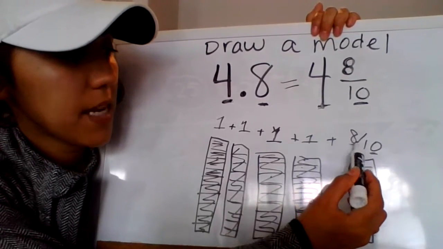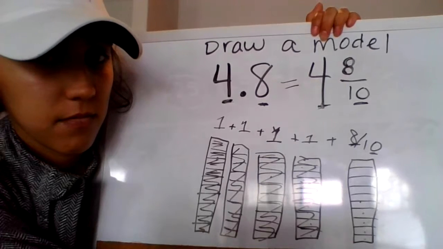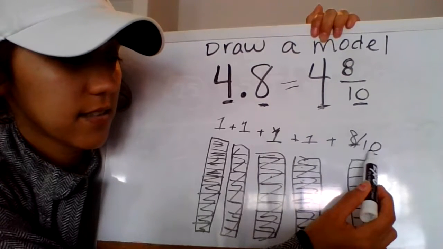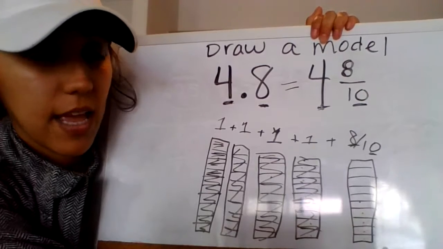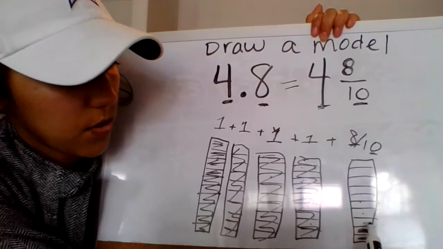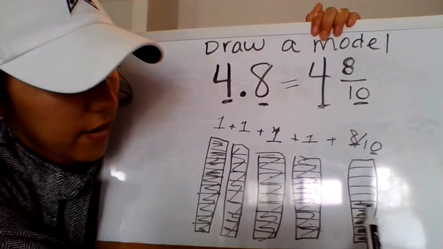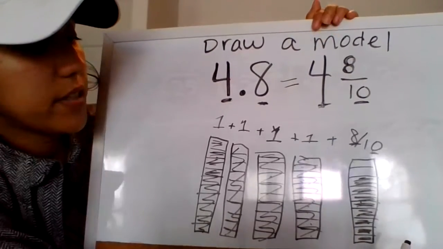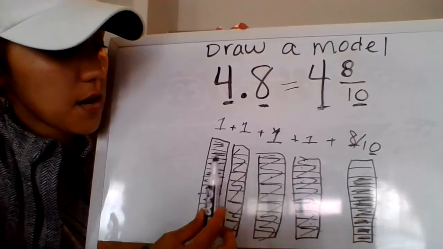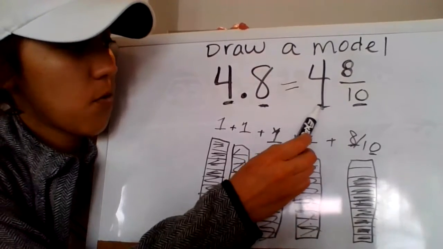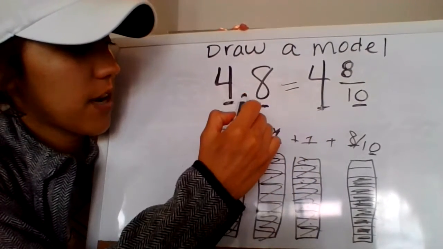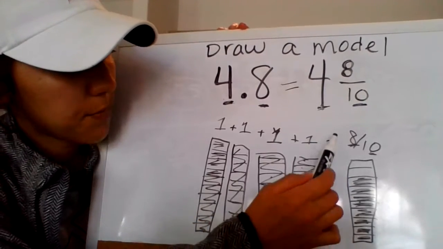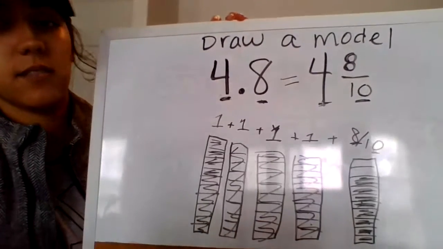Okay, and then how many am I going to shade in? Because I don't have a complete whole right here. I have 8/10. So I'm going to shade in how many? 8. Boys and girls, we just created a model that represents 4 and 8/10. 4 wholes plus 8/10.